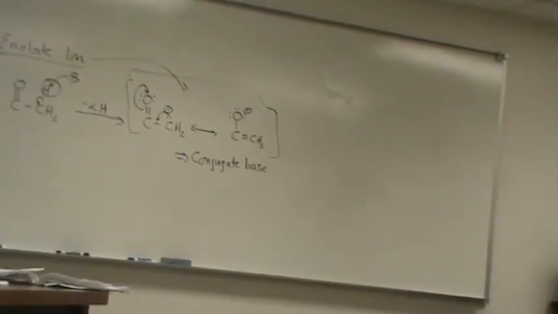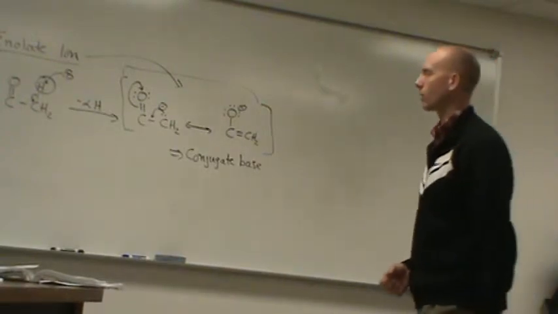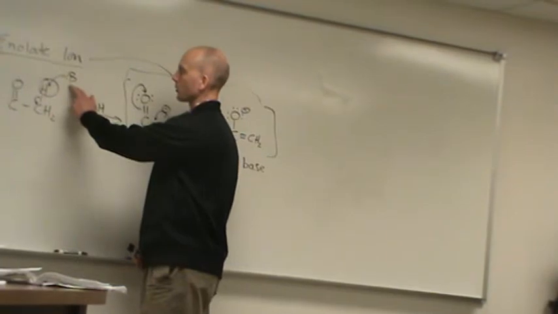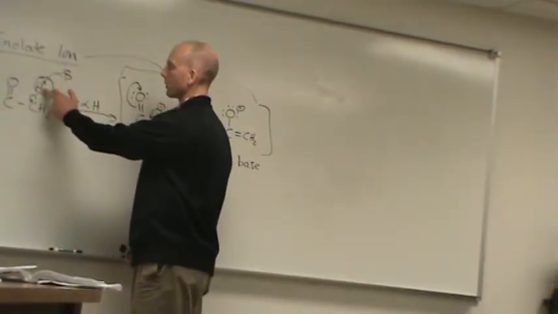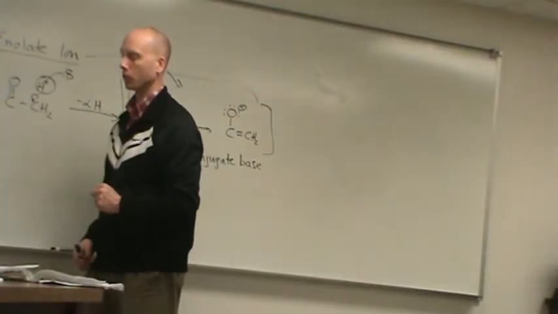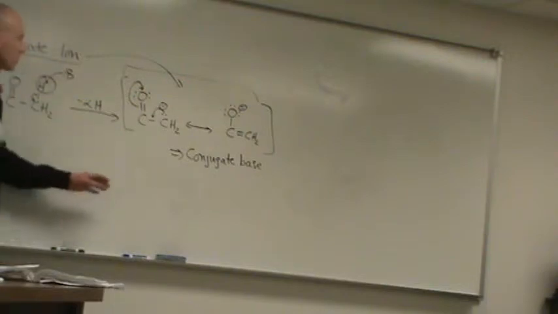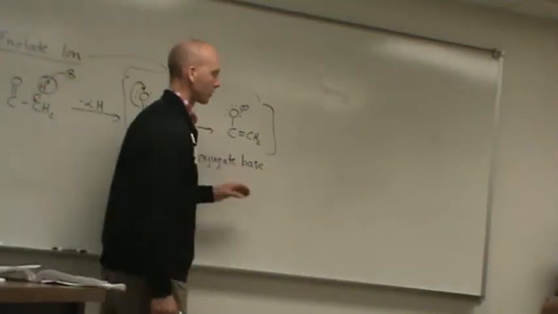Or you can put it another way, write it down. The enolate ion is the result of removing the alpha hydrogen, so that the enolate ion is the conjugate base.